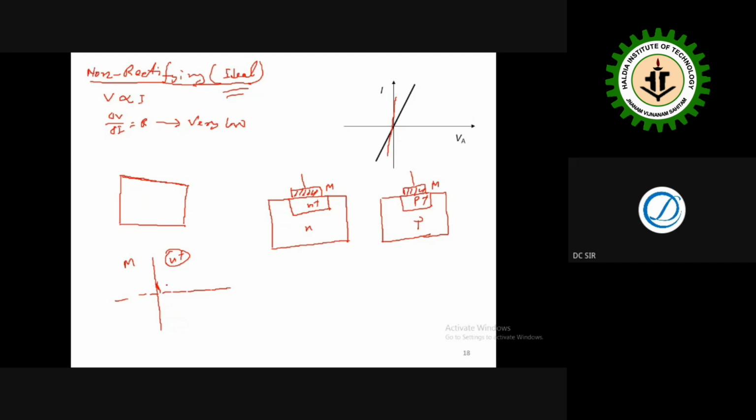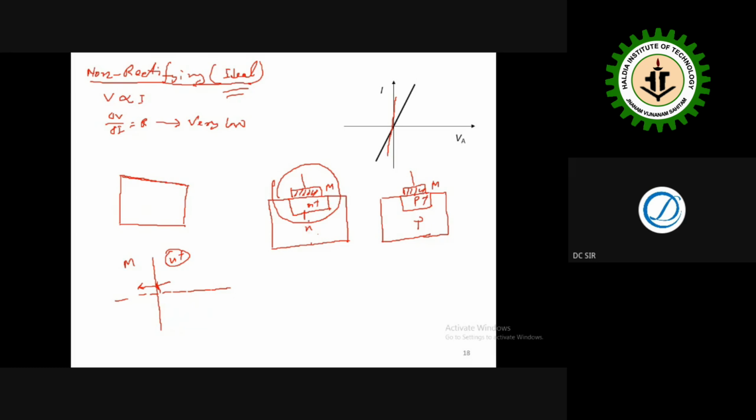So the current flows from this side to this side very fast, and it maintains the linearity. Practically, we get the linear or ohmic behavior by this setup, that is metal and n plus, and n, that is another junction.